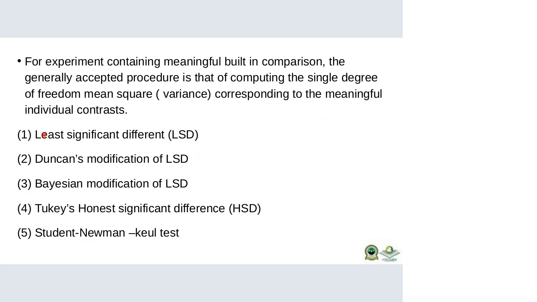These are all examples, but we have been consistently using the least significant difference, that's LSD. And I recommend that we be consistent in using this LSD. The way we are going to do this, we are going to show it now.